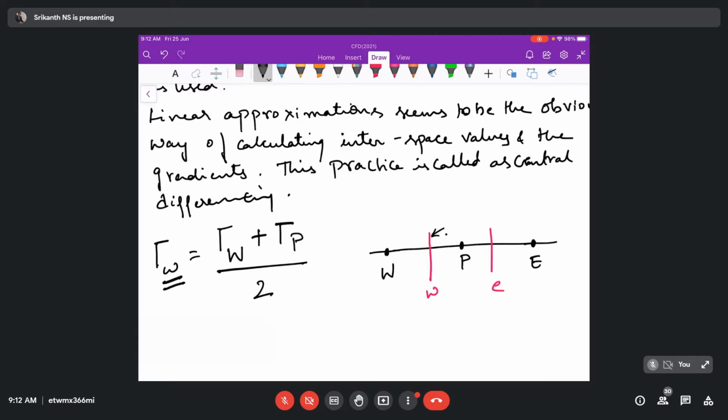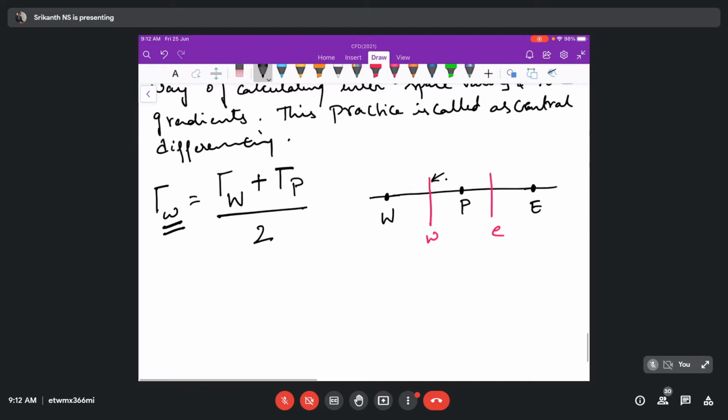Are you able to understand? So at the west face, we take the average of the nodal properties, any property for that matter.